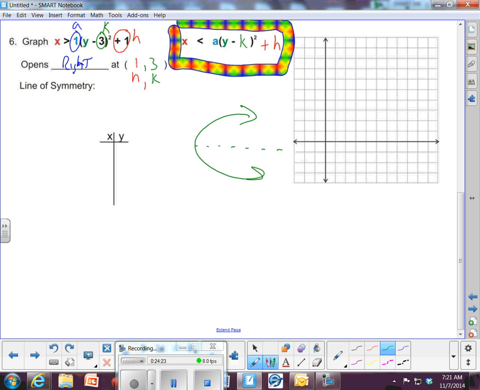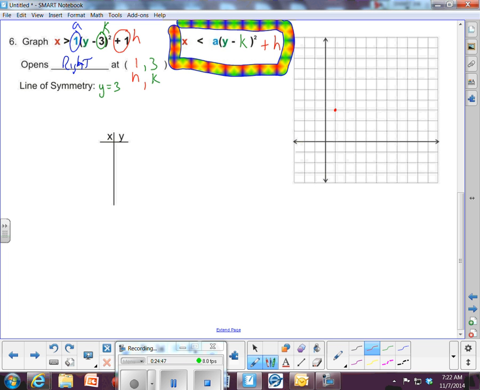And how do you represent horizontal lines? With a y equals, right? Not an x equals. X equals is vertical for a line. So what would be the line of symmetry? Y equals 3. Every point along the line has a y coordinate of 3. Okay, let's graph our vertex at 1, 3.